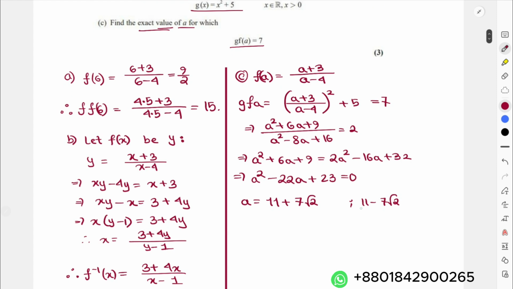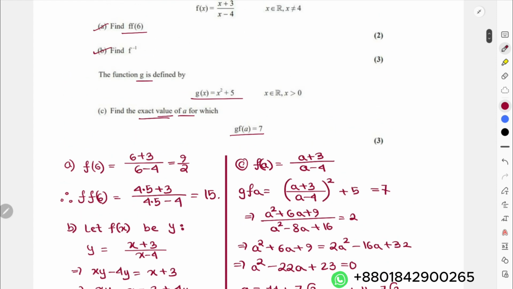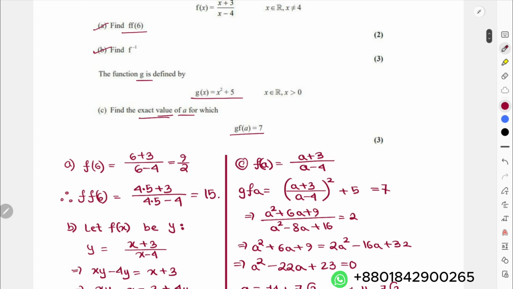But most probably if you insert this value, 11 minus 7 root 2 into any one of the equations, they will give you random error values or something like that. For example, if you insert this value into this given equation, 11 minus 7 root 2 plus 3 divided by 11 minus 7 root 2 minus 4, that gives you a minus root 2 value.